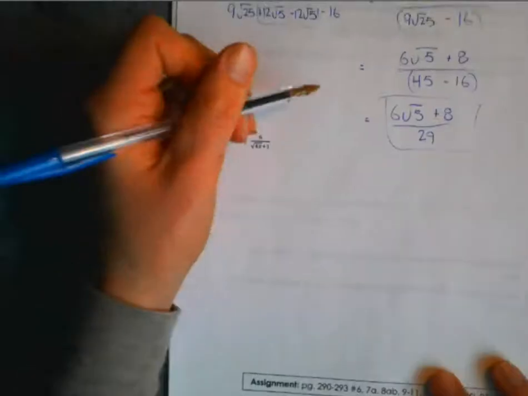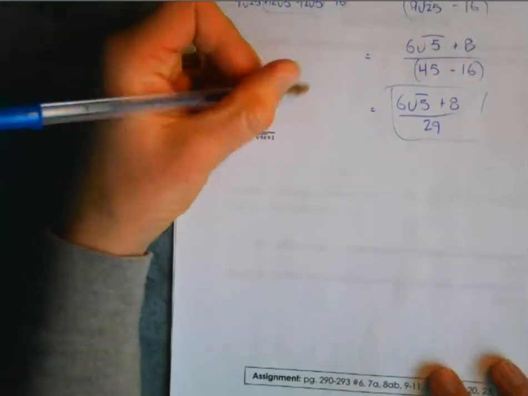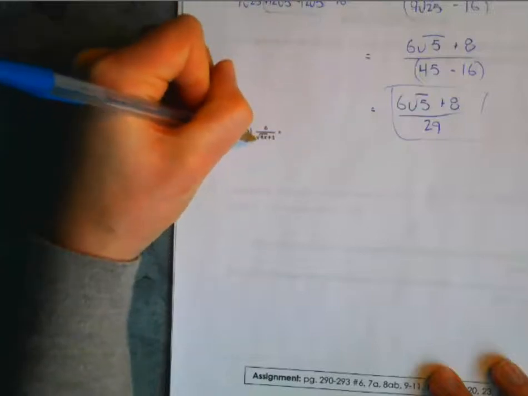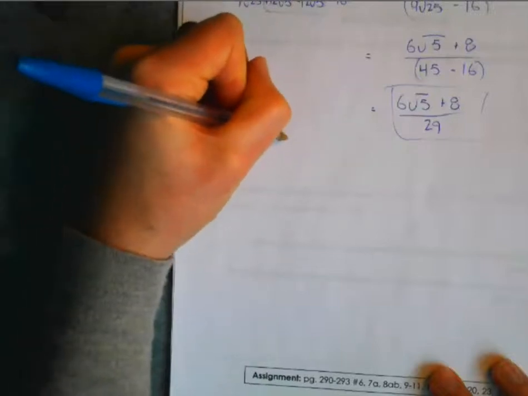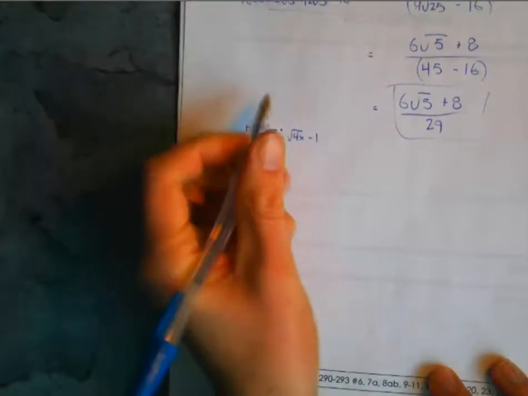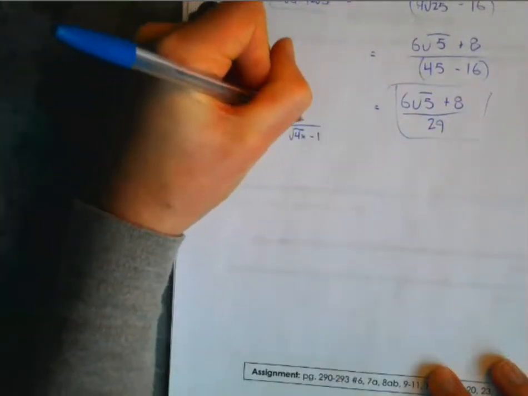Okay. All right, next one here is 6 over root 4x plus 1. So again, multiplying by the conjugate, the conjugate of root 4x plus 1 will be root 4x minus 1. And we need to multiply the top by that as well, root 4x minus 1.